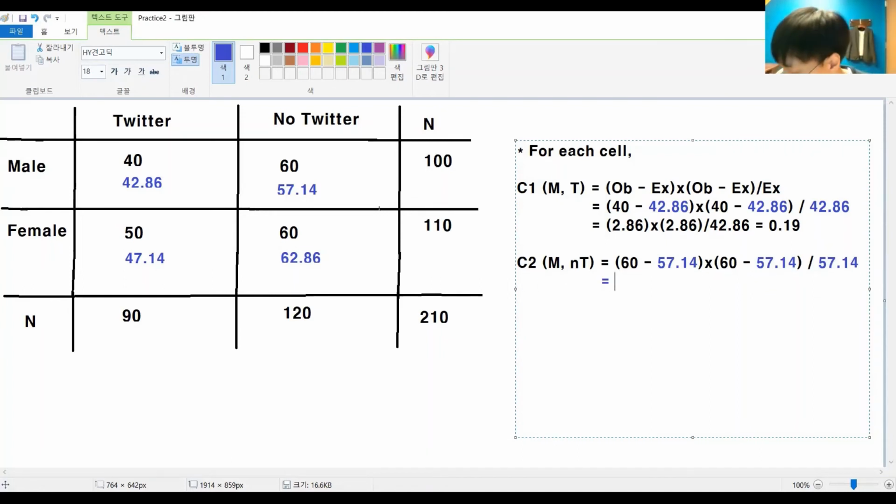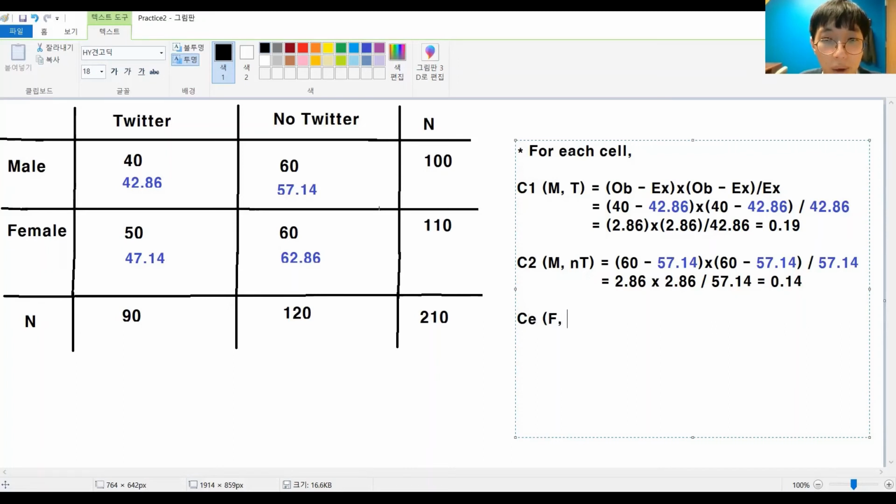Then you will get 2.86 times 2.86 divided by 57.14, and you will get the number 0.14. Do the same thing for the other cells.